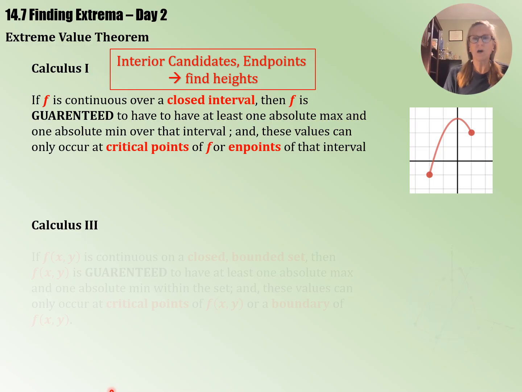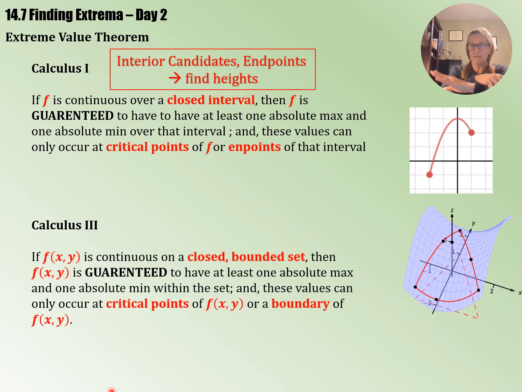So in multivariable, our domain is going to be the XY plane, and there's the same image that I had on the intro slide. As long as I am continuous, so continuity, important, and I have a closed bounded set, then I am guaranteed that my z function, my f of x, y, my height, I'm guaranteed to find at least one absolute max and at least one absolute min within that set.